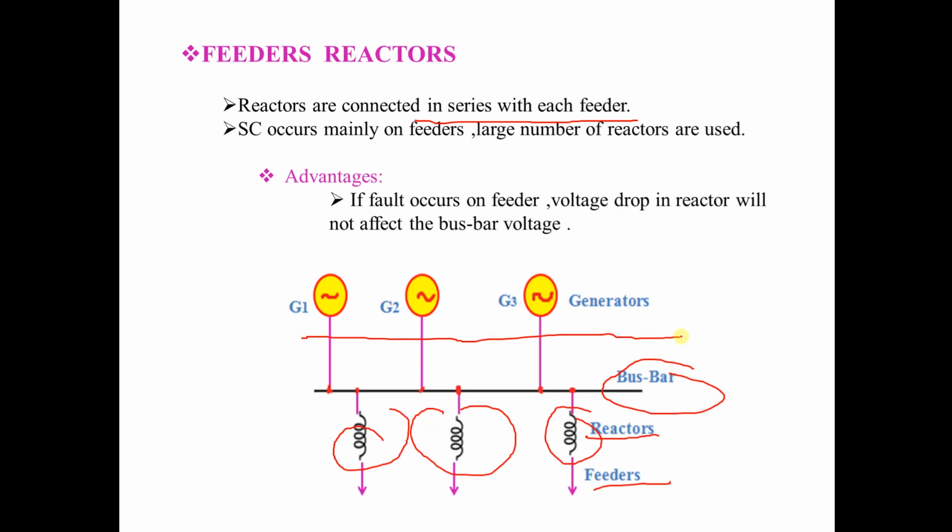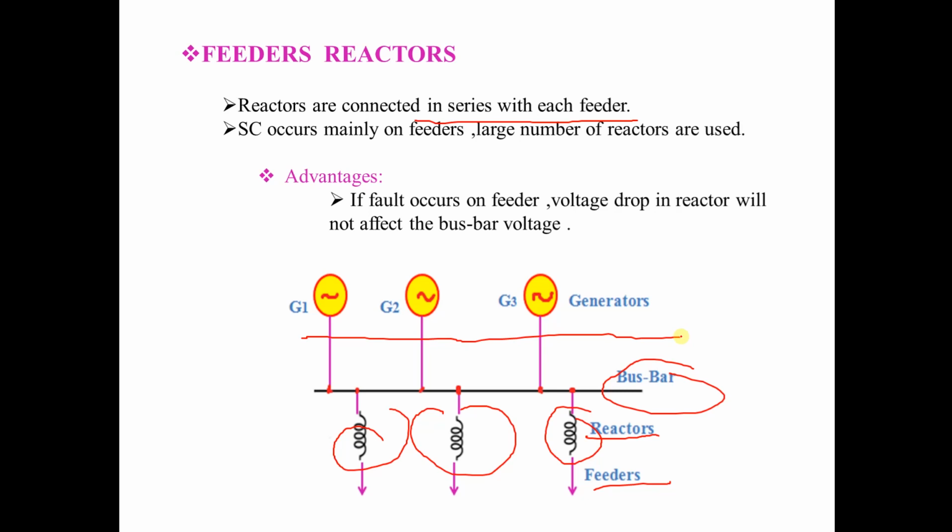And short circuit, which occurs on feeders with a large number of reactors, are used for this. So two important points: if a fault occurs in any one of the feeders, the voltage drop in the reactor will not affect the bus bar voltage.